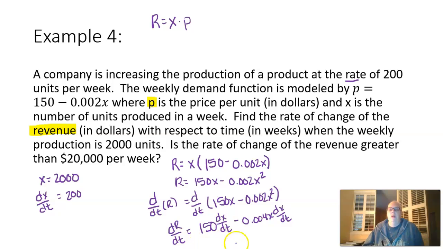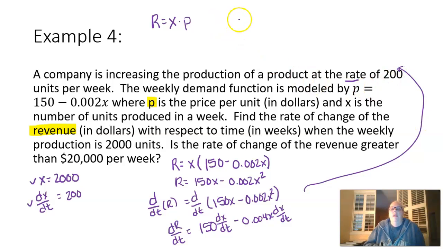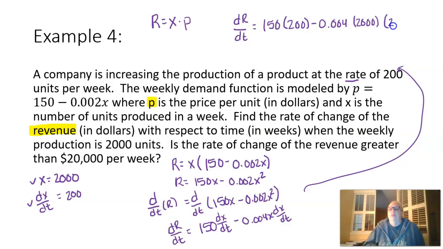And now I think we can plug in our information because we know dx/dt, that's right here, and we know x, that's right here. So I'm going to come up here where I got a little bit more room, and dR/dt is going to be equal to 150 times 200, this is my dx/dt, minus 0.004 times 2000, that's my x, times 200, that's my dx/dt, and then we should be able to put all that into the calculator.